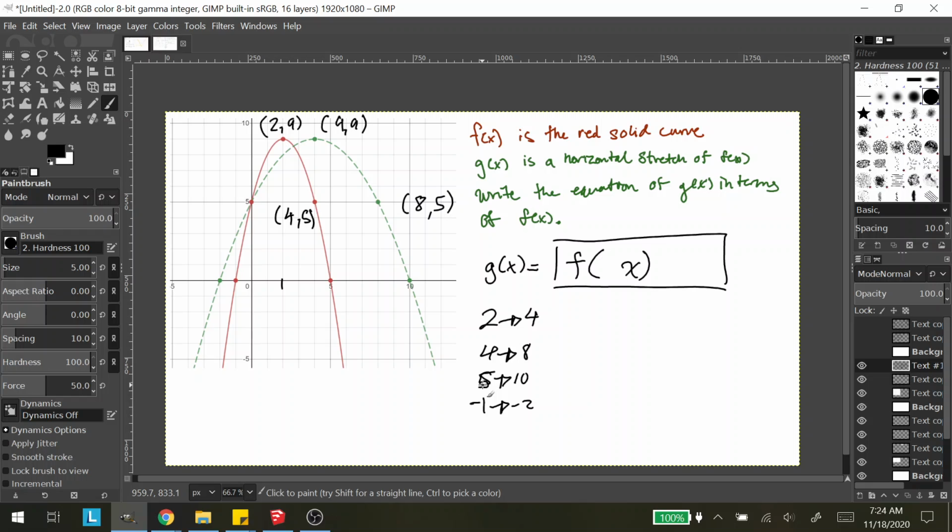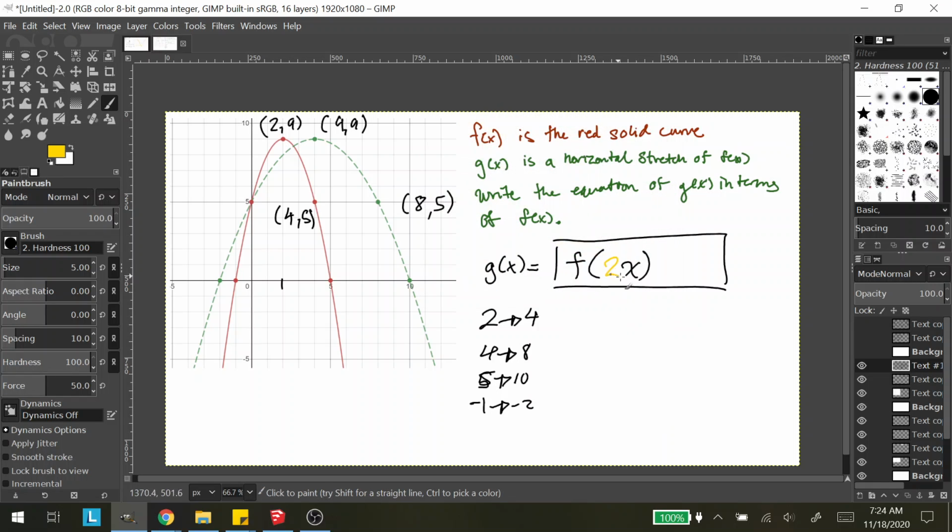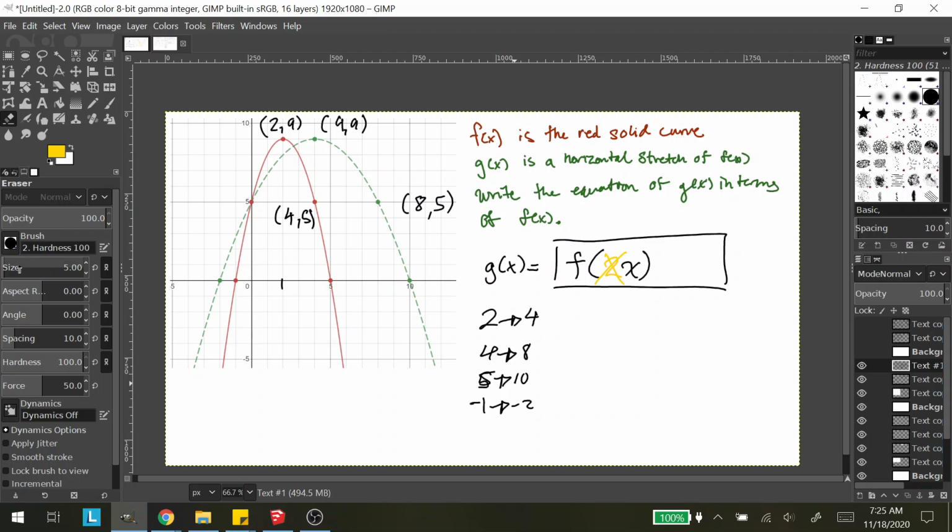Now you might be thinking to put a 2 here, but that would be wrong. You do not want to put a 2 there. The reason we're not putting a 2 there is you got to really think about how these formulas work.